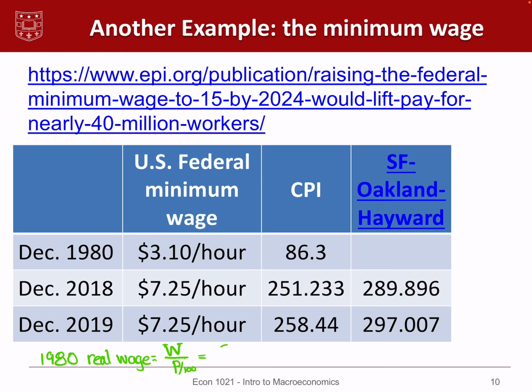So this would be $3.10 per hour divided by 0.863, and that gives me $3.59 per hour. So this CPI means that the real wage in 1980 was $3.59 per hour.